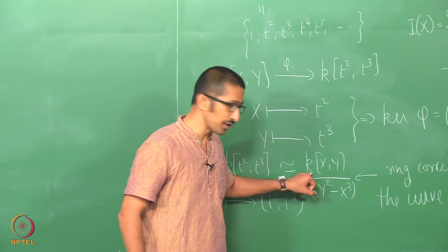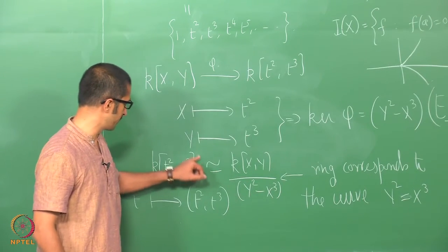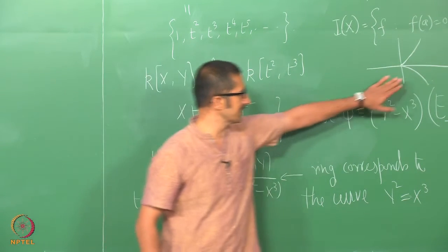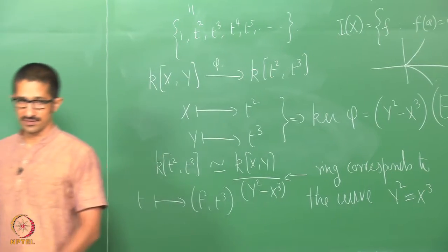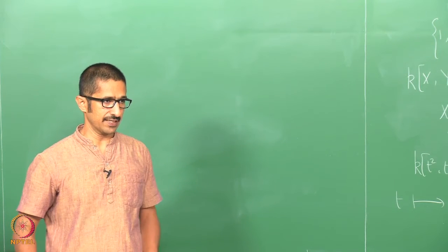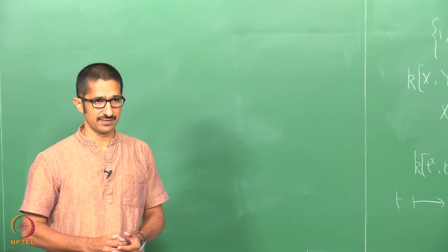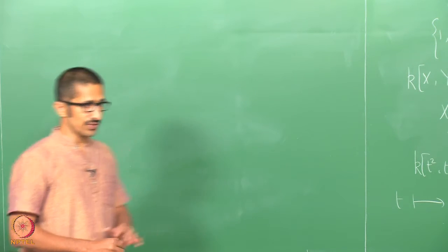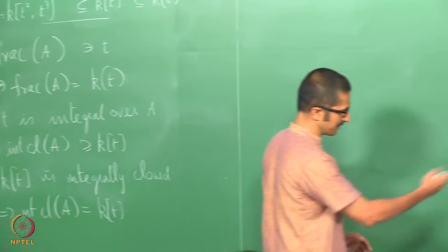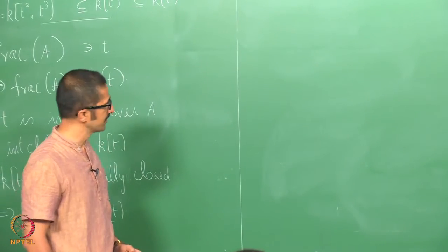Now, the normality or integral closedness of this ring, in fact, it is equivalent to saying that the curve C is non-singular when the field is algebraically closed. I mean, if you are taking over C or similarly algebraically closed fields. Okay. So, this is again something that you will probably see if you take an advanced course in algebraic geometry. Okay.